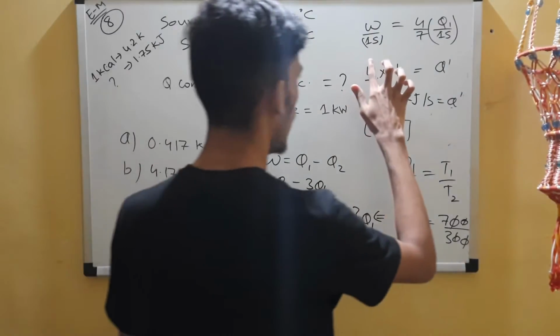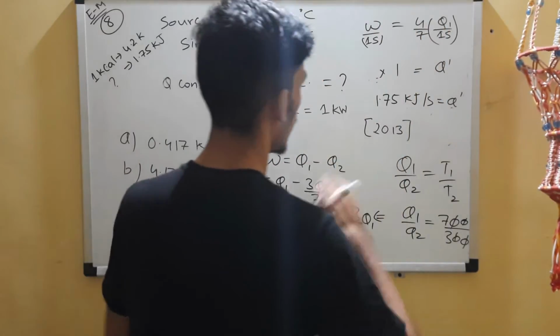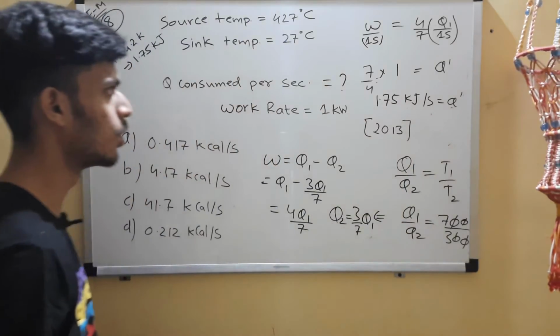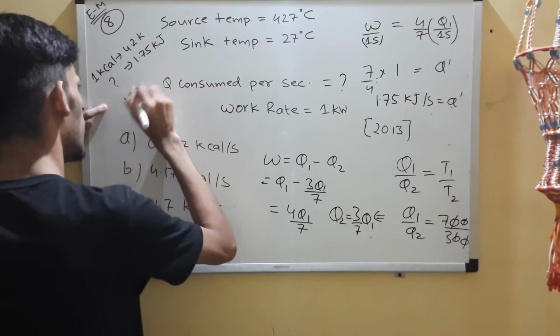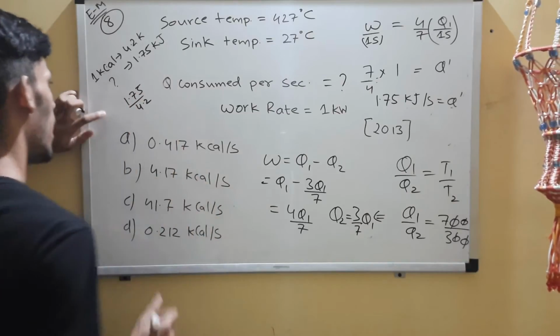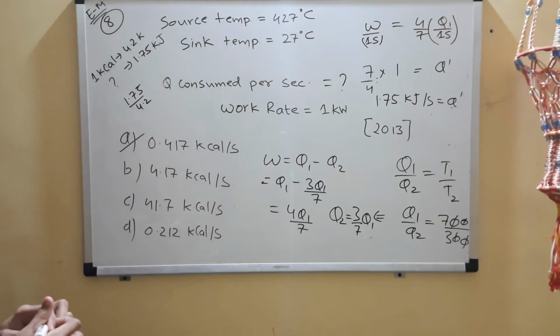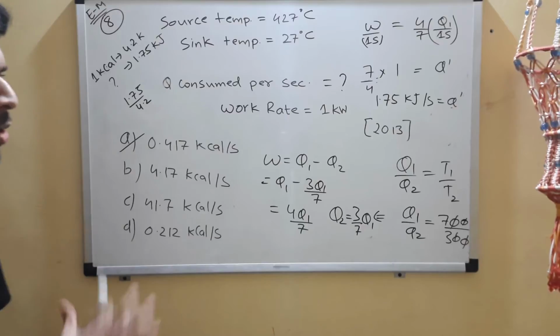I made a small error over here. This value is 7 by 4. Anyways, the answer that I wrote over here is correct. 1.75 divided by 4.2, and the answer that you will get is option A, because you want the answer in kilocalories per second. I hope this is clear.